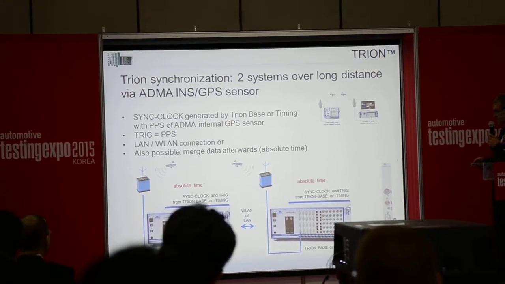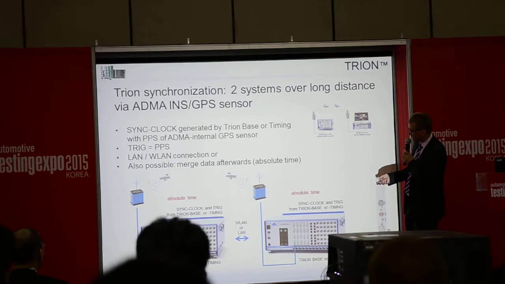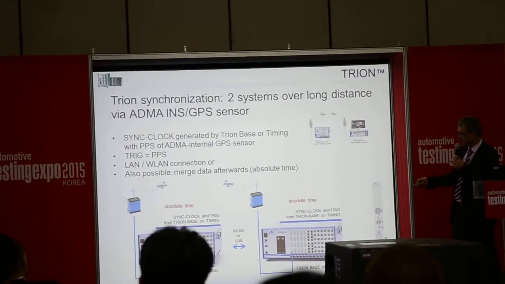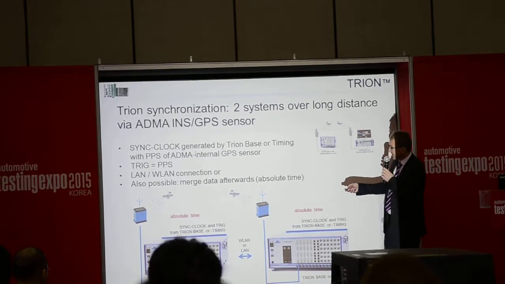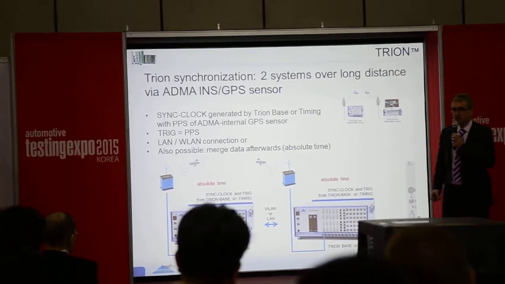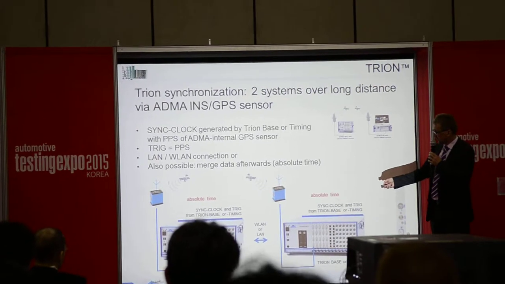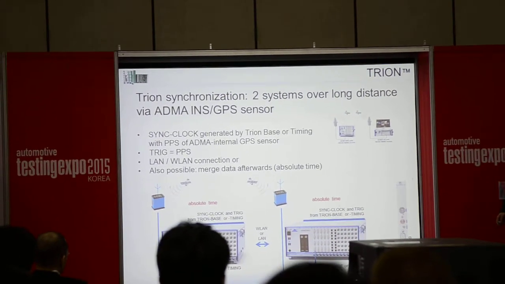In this case, we have a module that is creating the sync clock and the trigger. And this module is either a TRION base or a TRION timing. And those modules, they take the GPS PPS, which we usually get over the ADMA inertial platform, and then here create the sync clock and the trigger for the backplane.